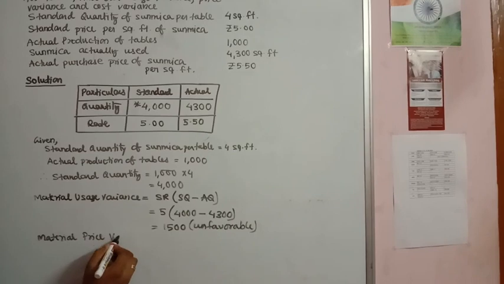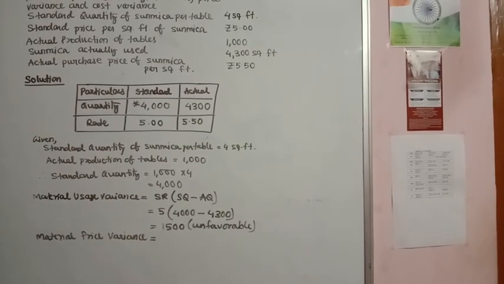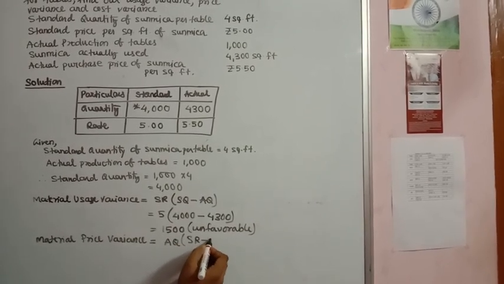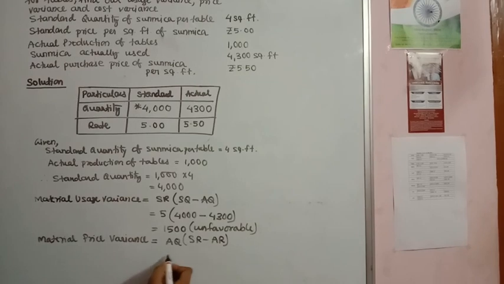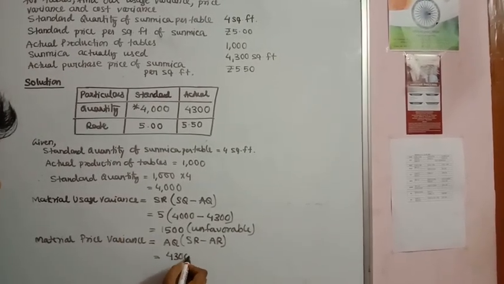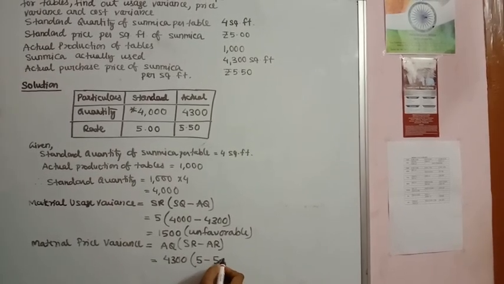Next we will have the material price variance. The formula for material price variance is actual quantity into standard rate minus actual rate. So actual quantity you have 4300, standard rate is 5, actual rate is 5.50.